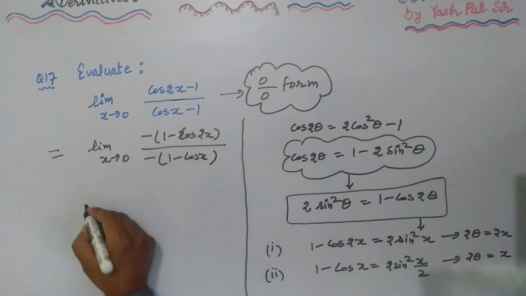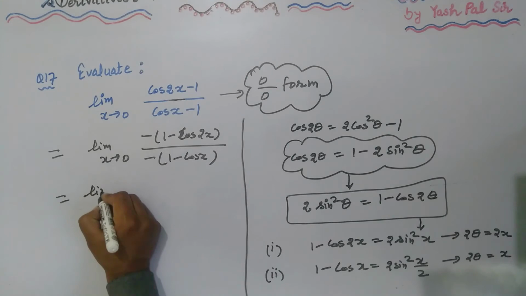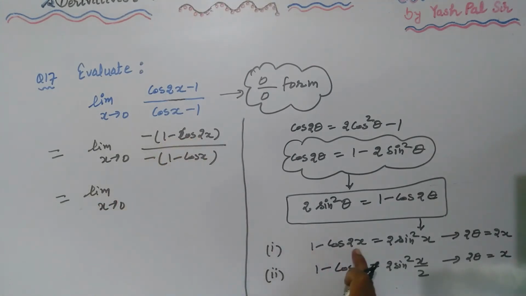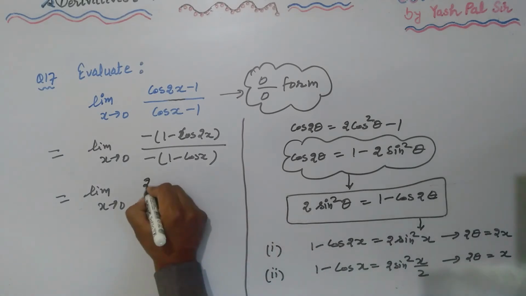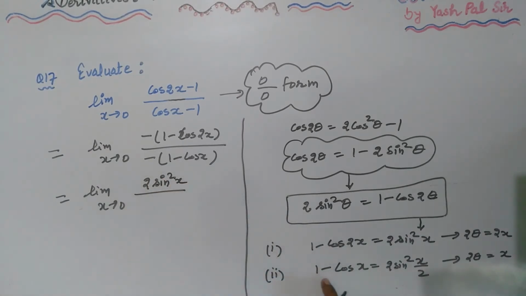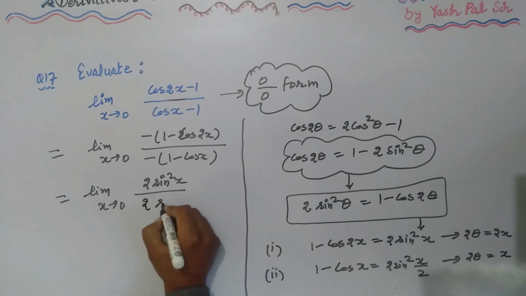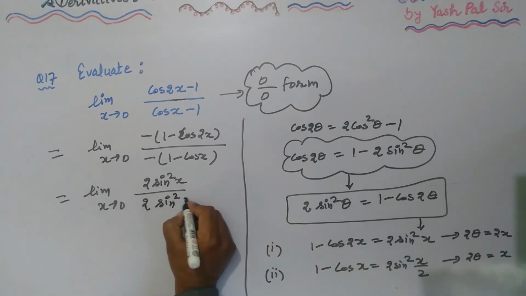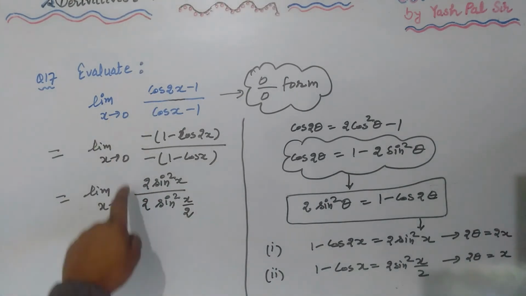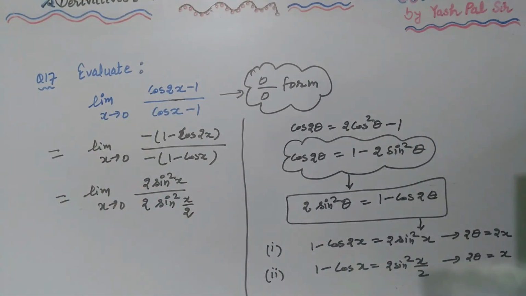So minus minus is cancelled, and we have limit x approaches 0, 1 minus cos 2x means 2 sine square x, and in the denominator 2 sine square of x upon 2. So this way the two terms are converted into a single term. Now again, 2 is cancelled.